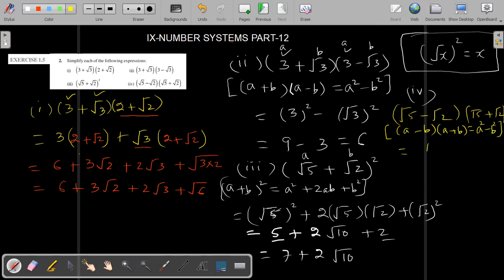So this will be root 5 square minus root 2 square. Root 5 square is 5, root 2 square is 2, 5 minus 2 is 3. Like this we have to simplify them and get the answer.